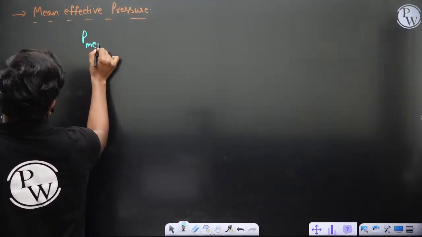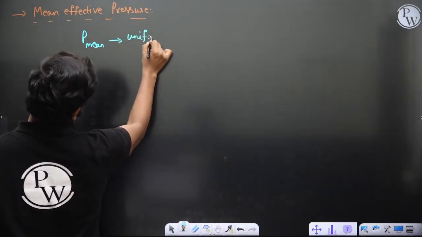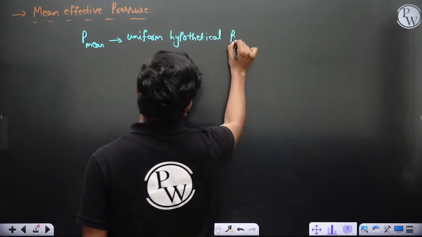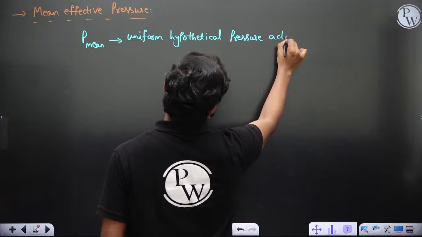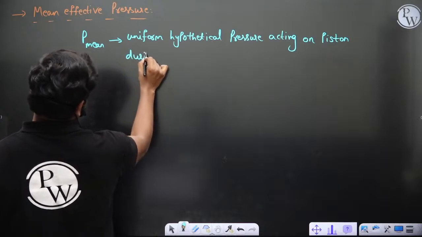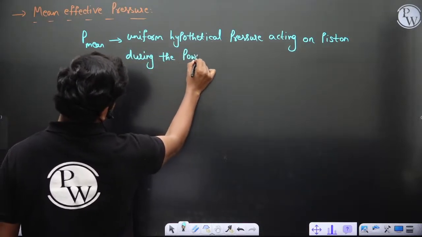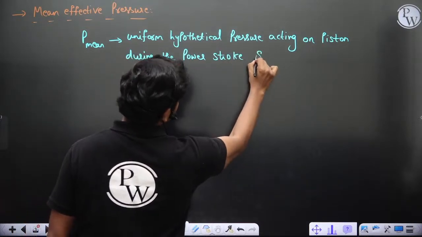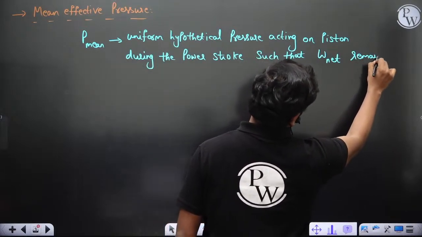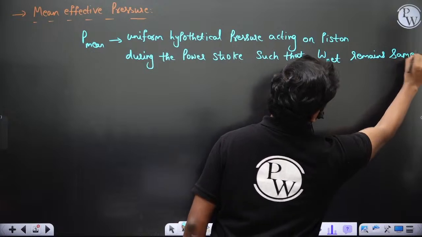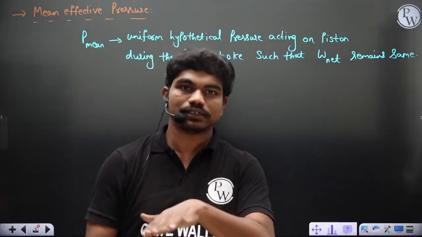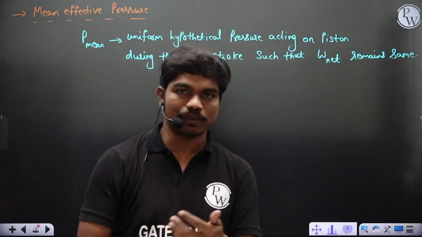Normally this P mean is the uniform hypothetical pressure acting on the piston during the power stroke such that W net remains the same. Normally in case of power strokes, from the beginning of the piston to the end of the piston, pressure on the piston keeps changing, because clearly the piston is moving, volume is changing, so pressure is also changing.